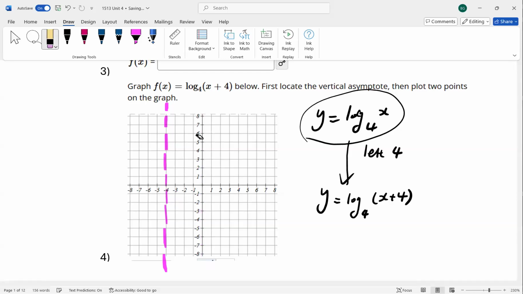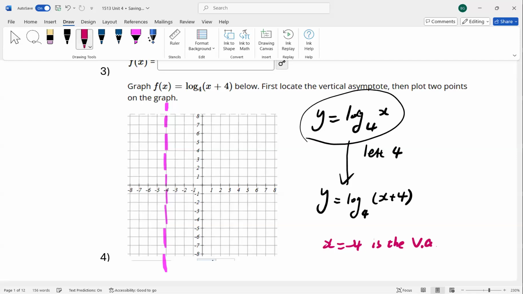But since we shift the mother function to the left 4 units to get this function, the vertical asymptote becomes x equals negative 4. Okay, x equals negative 4 is the vertical asymptote. It says locate the vertical asymptote first, and then plot 2 points on the graph. Plot 2 points, okay?